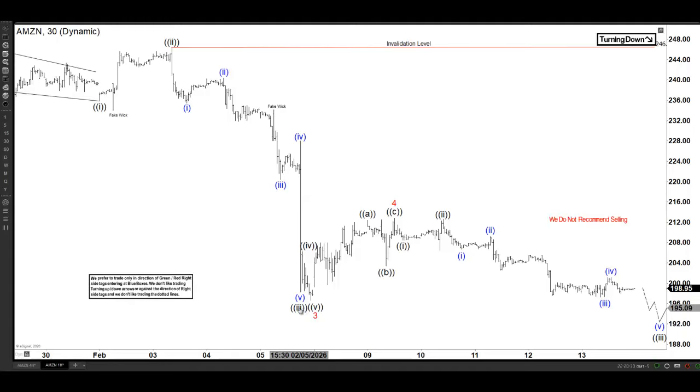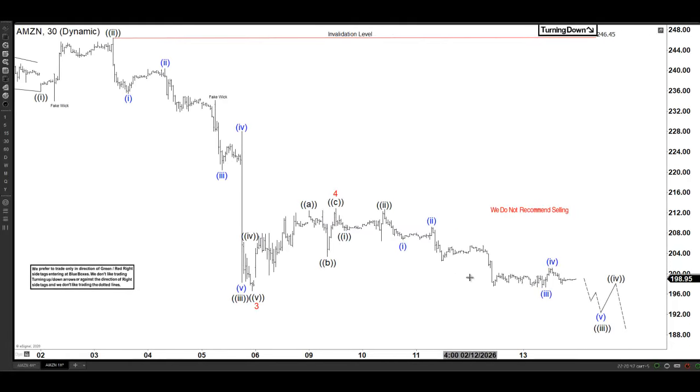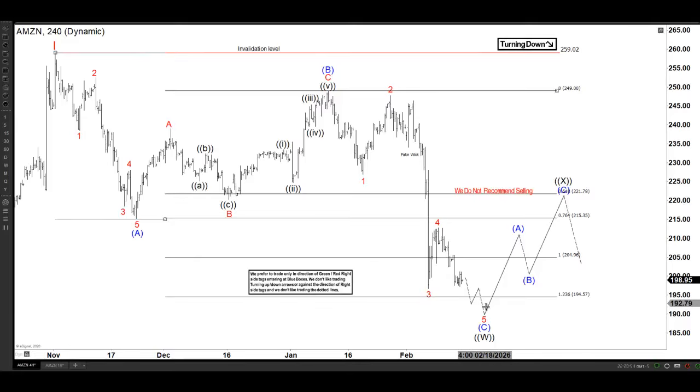That makes 3 in red and black. A 4 right here in black, a 5 in black, a 4 that makes 3 in red, a 4 in red. And it is now trading within wave 3 in black, in wave 5 of the higher degree C wave.